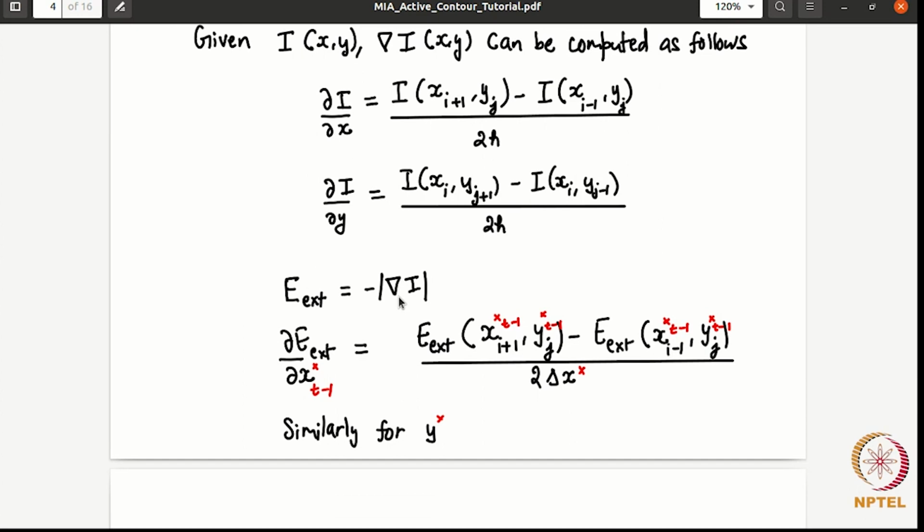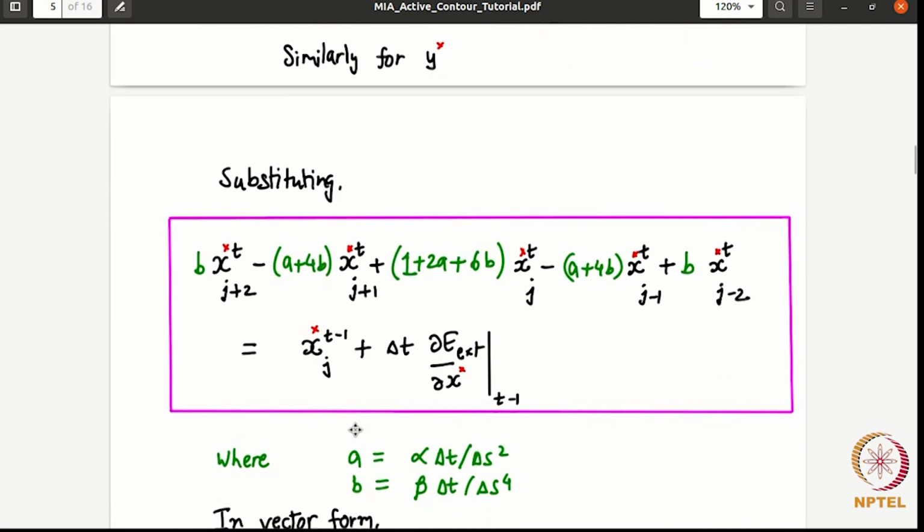Next, we take gradient of this energy and find its component along the snakes. Along the snakes is important, so we are trying to find its derivative, its gradient with respect to x star at t minus 1, right? So the explicit term is here. So this is how we do it. So this is central difference only. Similarly we do for y.